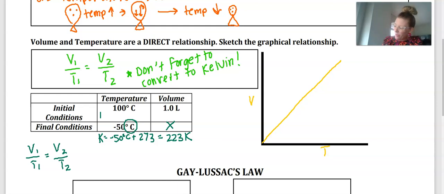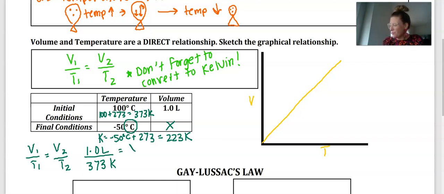So 100 plus 273 gives us 373 K. Whew. So here we go. We have volume is 1 liter over our initial temperature, 373 Kelvin, and that's going to be equal to unknown X over 223 Kelvin.